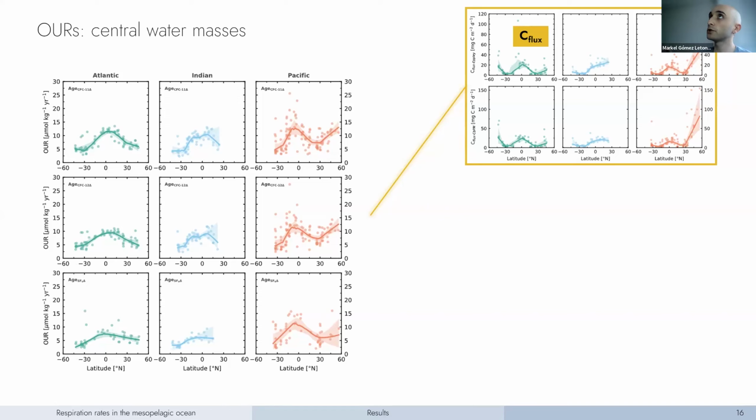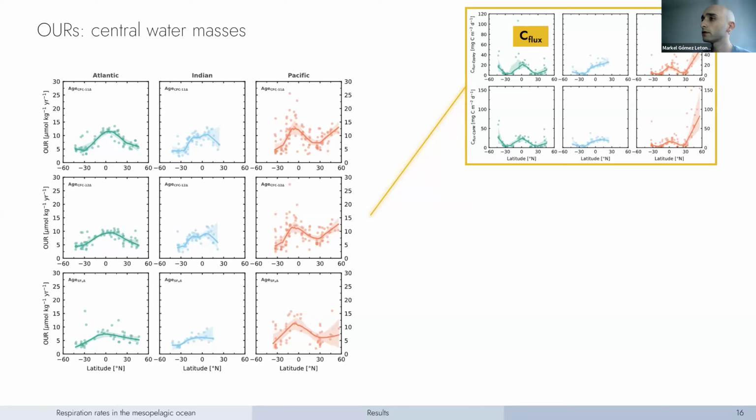This showed correlations that were significant for all oceans, Atlantic, Indian, and Pacific, but were particularly stronger for the Indian, with R squares that were over 0.4, which for a single variable was quite significant.